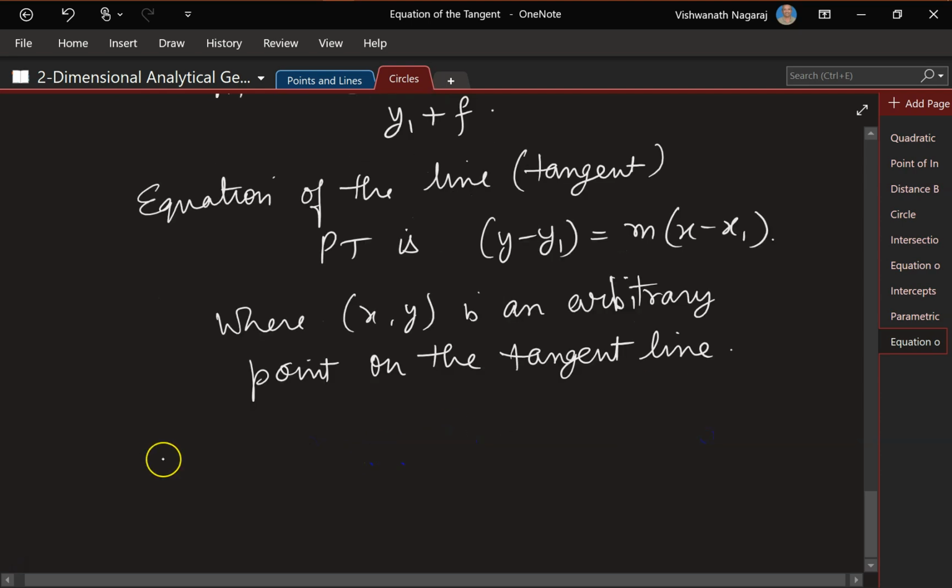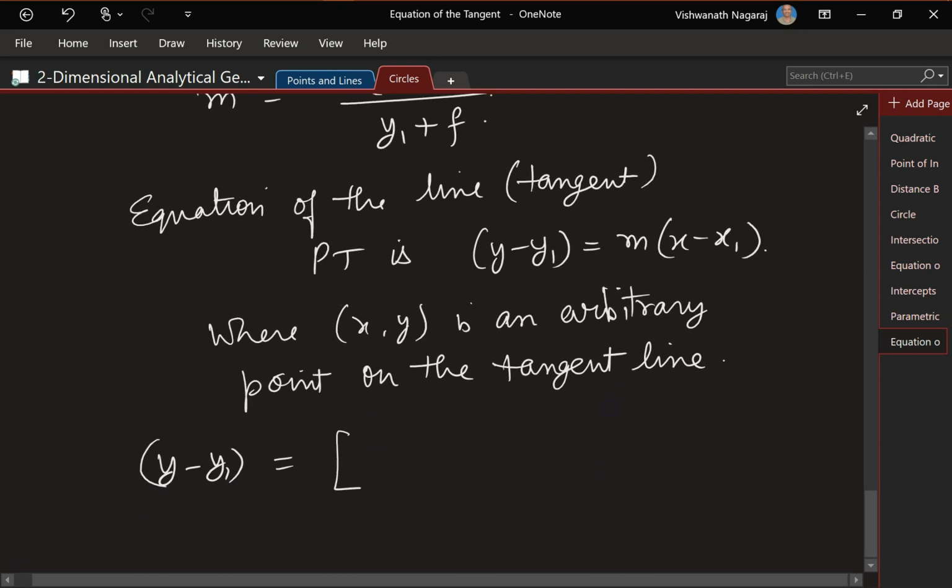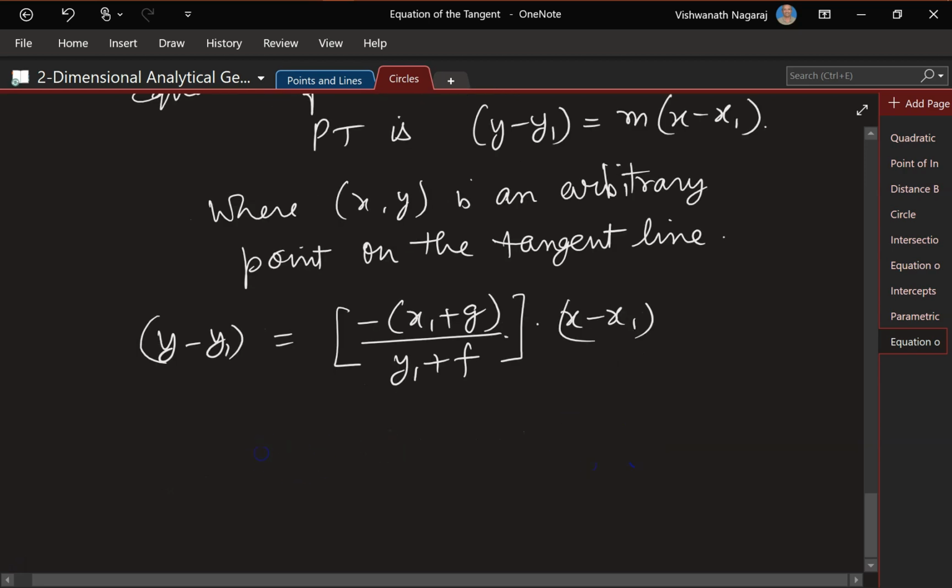So now y minus y1 is equal to, now what is the slope, m. M is, we found this, minus (x1 plus g) divided by (y1 plus f) times x minus x1. Let's take the denominator to the other side. y minus y1 times y1 plus f is equal to minus (x1 plus g) times (x minus x1).